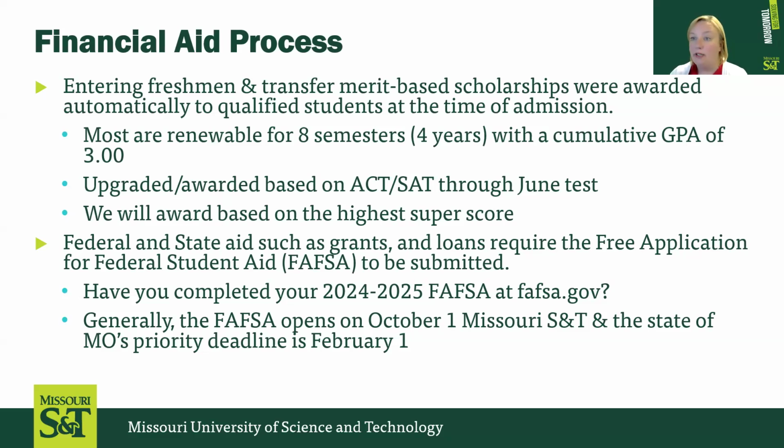And just so you know, we did award based on the highest super score. So if your highest score from each of the components of the test made a higher score together, then we took that higher score. Whatever your highest composite or super score was, is what we used to determine your scholarship.